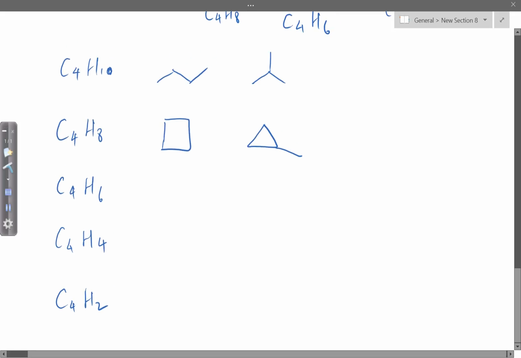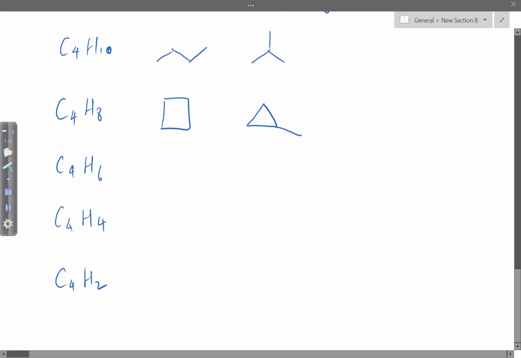Next is C4H6. Same thing, since you cannot have double bonds, you must move on to ring systems. So for C4H6, you need to have 2 rings, one of which is the one I drew just now. How do you form these 2 rings? So here, carbon, carbon, hydrogen, hydrogen, hydrogen, hydrogen, hydrogen, hydrogen.